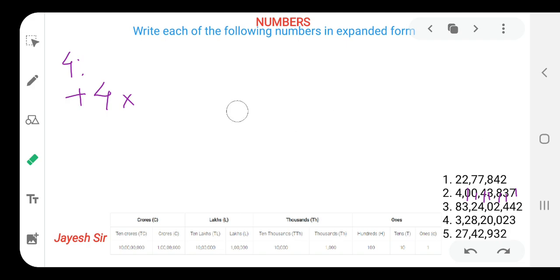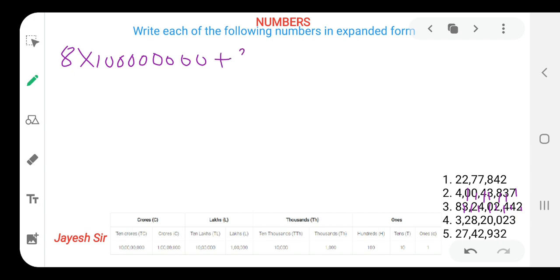So let's begin with our third sum, that is 83 crore, I think. We'll multiply it with how many zeros? 8 zeros: 1, 2, 3, 4, 5, 6, 7, 8. Afterwards, 3 into 7 zeros: 1, 2, 3, 4, 5, 6, 7.